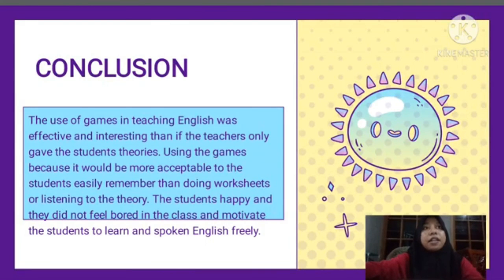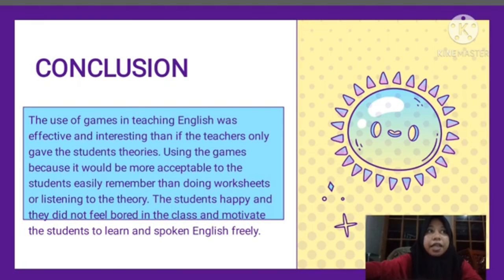Okay, last, conclusion. The use of games in teaching English is more active and interesting than if the teacher only gave the students theories.